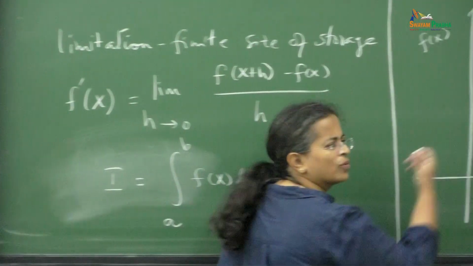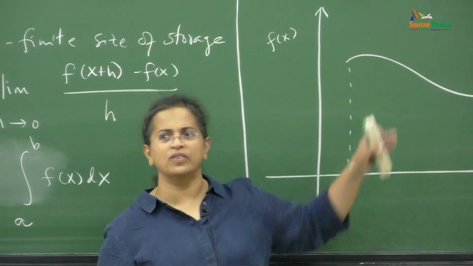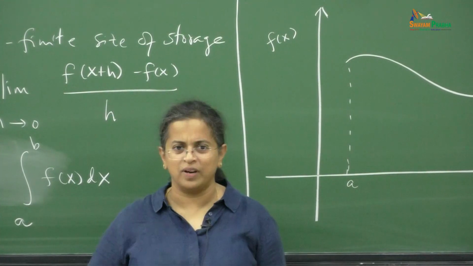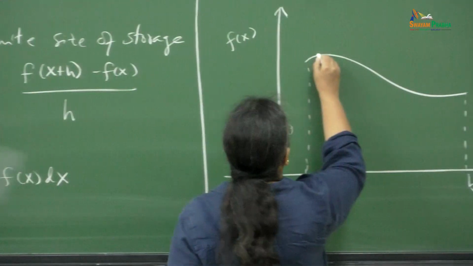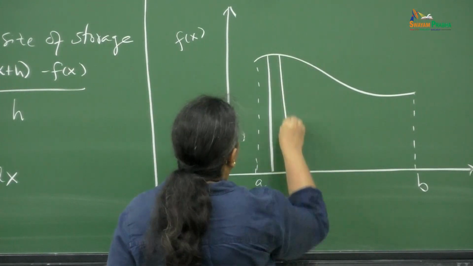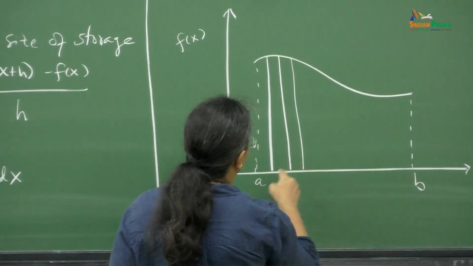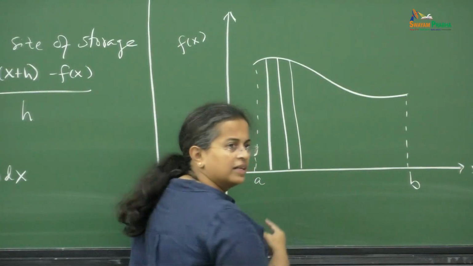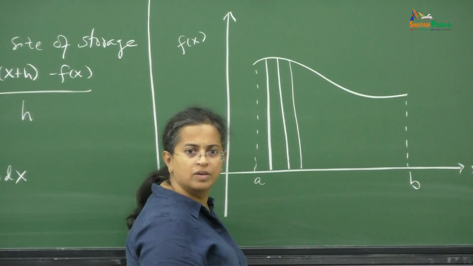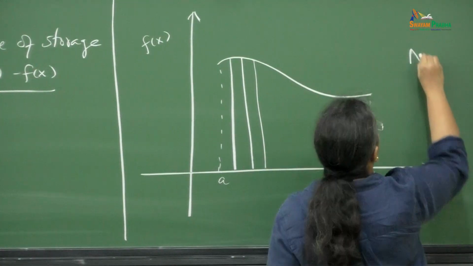But you know how to find the area, right? You can think of it as an irregular object. If I have to find the area, then you want to construct somehow something regular. So what would you do? You will divide the entire interval into equally spaced points. So you choose n points.